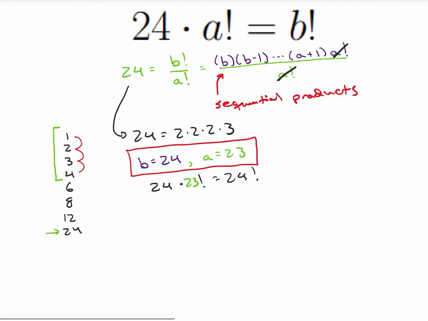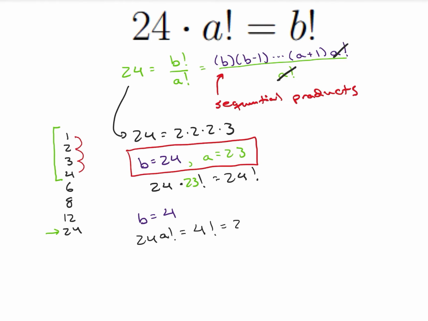So if I make b equal to 4, let's look at what that does. I'm going to have 24 times a factorial is equal to 4 factorial.